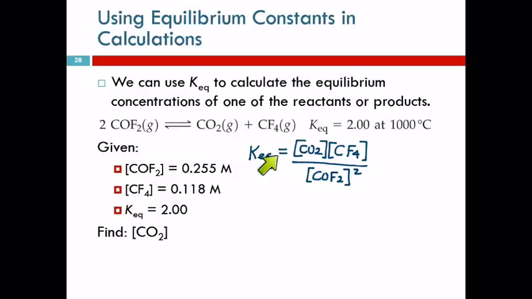We need to solve this expression for CO2. There's a fraction. I recommend cross-multiplying to get rid of the fraction first and then isolating the CO2. So cross-multiplying will give me KEQ times COF2 squared, and that will equal CO2 times CF4.